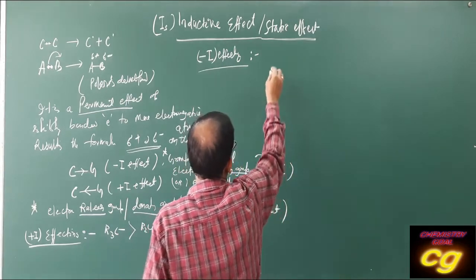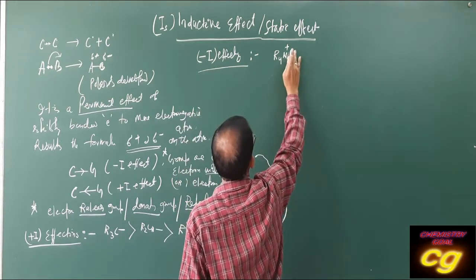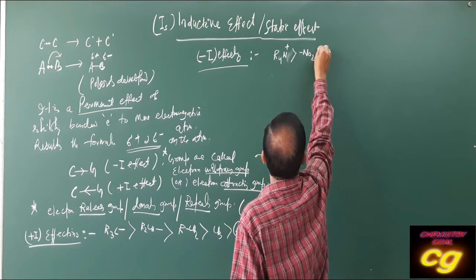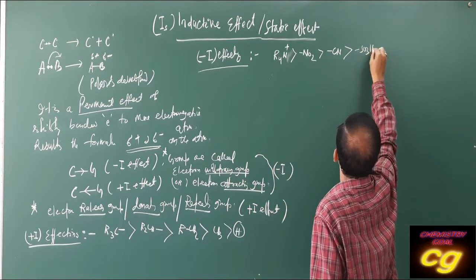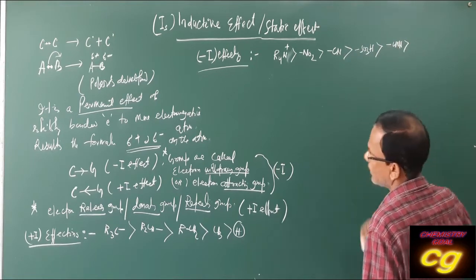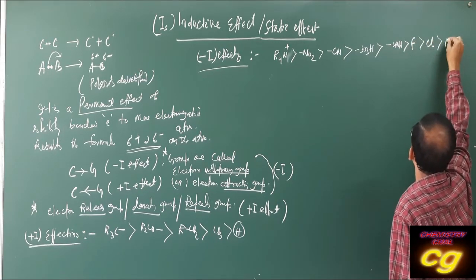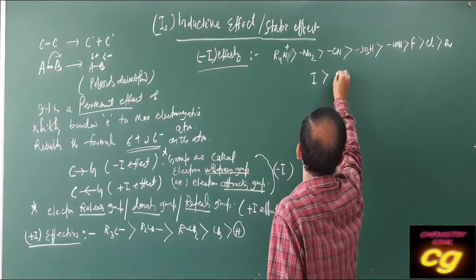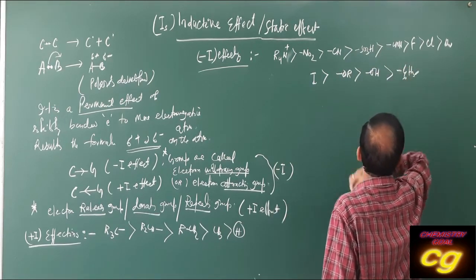Generally the order is R4N+, which is generally the most electron withdrawing group, then nitro group, then cyanide group, then sulfonic acid group, acid group, fluorine, bromine, iodine, OR, OH, phenyl, then hydrogen.